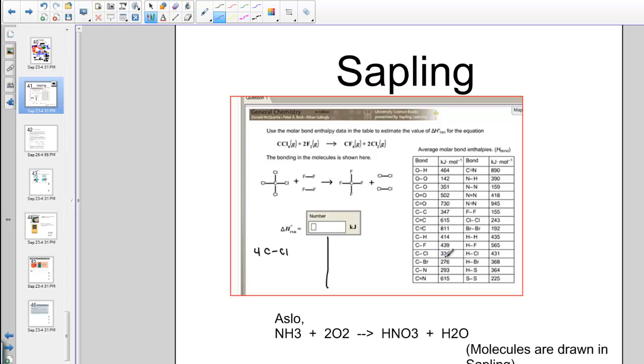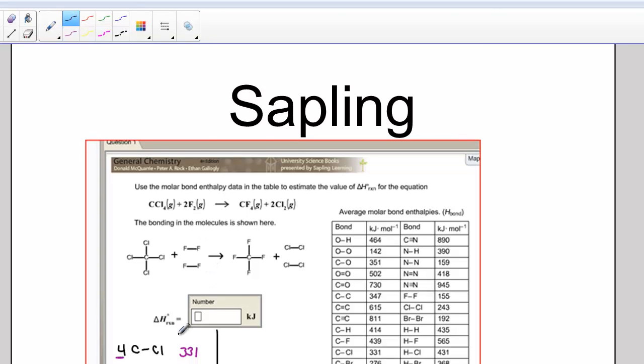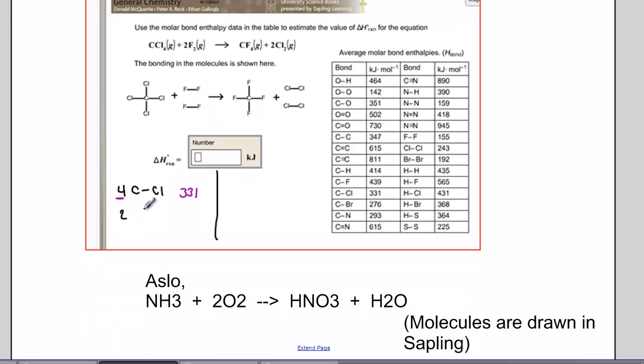Here it is, 331. There's 4 of those. What else do we have? Well, we have 2 F-F bonds. In each one of those, fluorine to fluorine, here it is, 155.